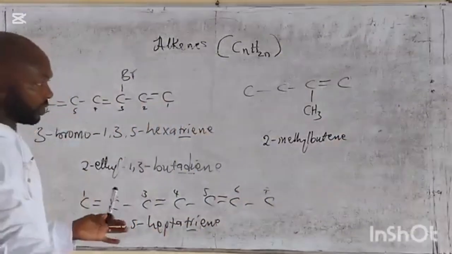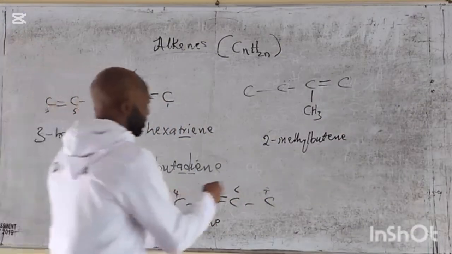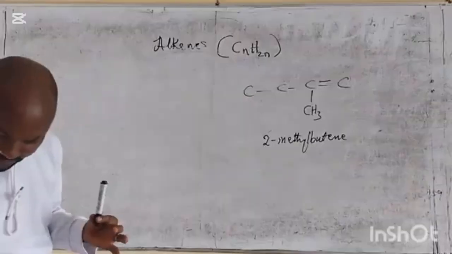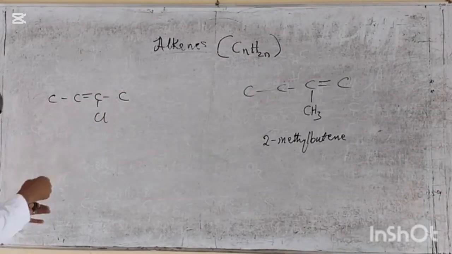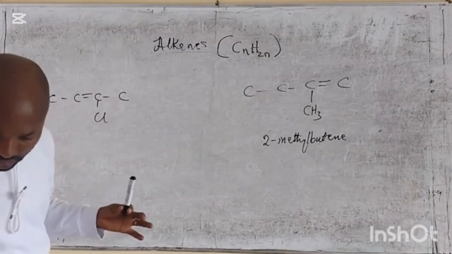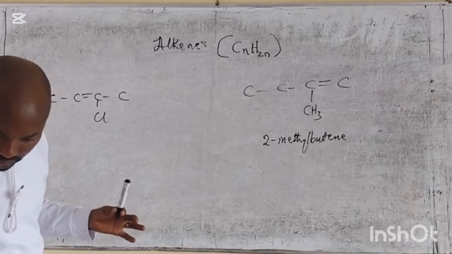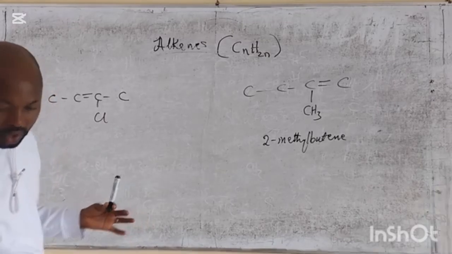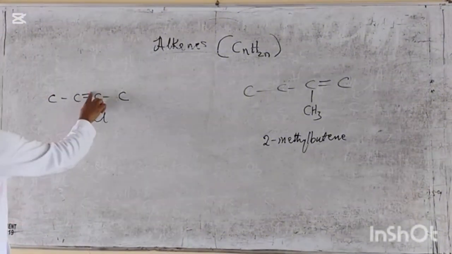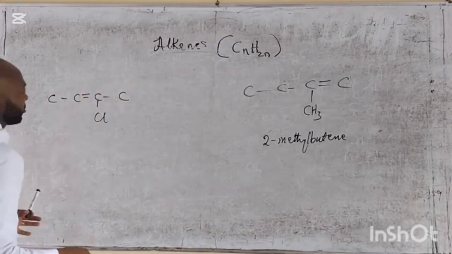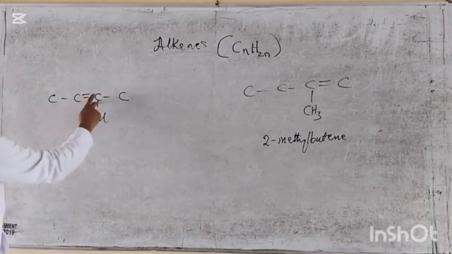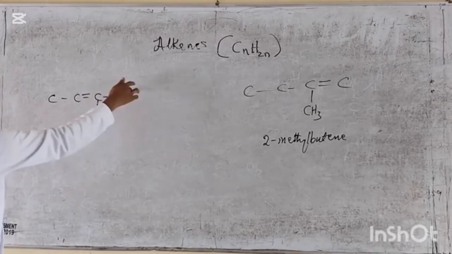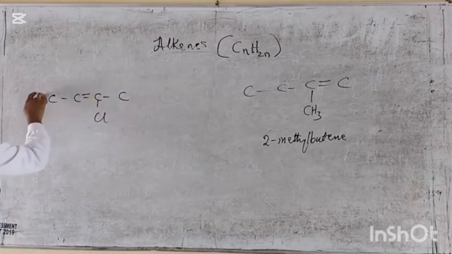Another one. Now I can clean, I guess. Now again. 1, 2, 1, 2. Because of the substituent being this, I can start from here, 1, 2, 3, 4. Am I right? Yeah.